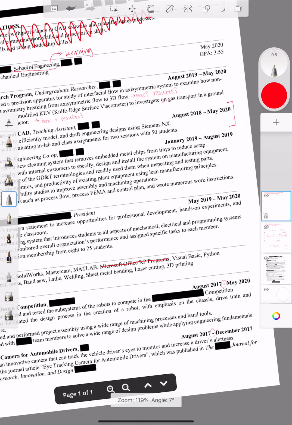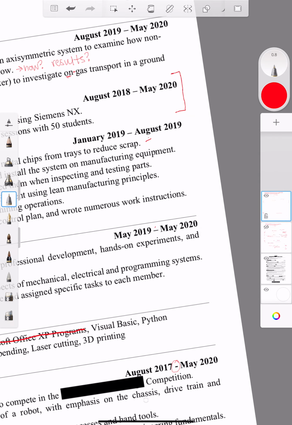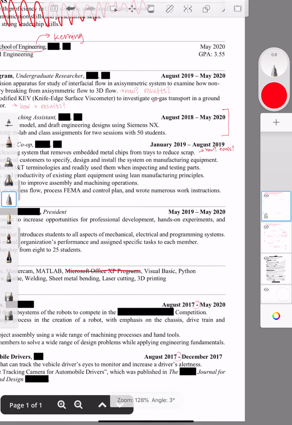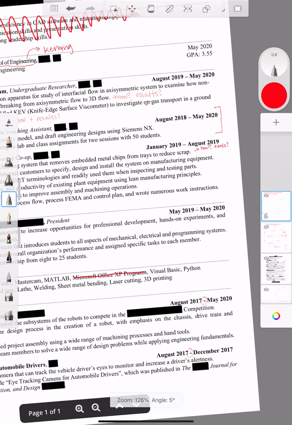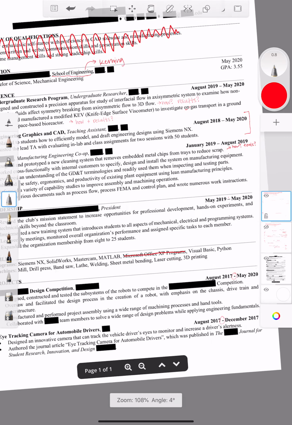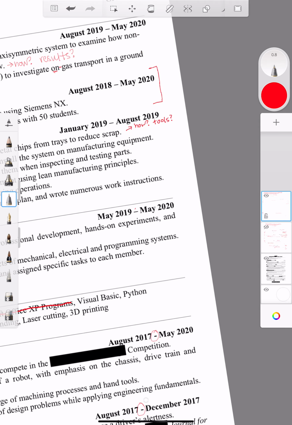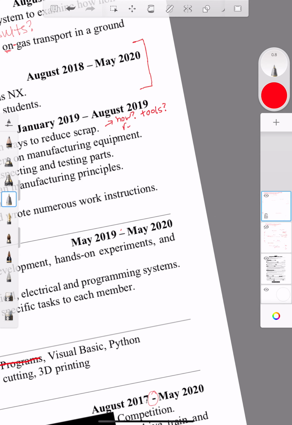But they don't tell us how they did it. Did you use any tools? Did you use SolidWorks? What did you use to make this? Did you do any testing? Did it work at the end? Like, what were the results?